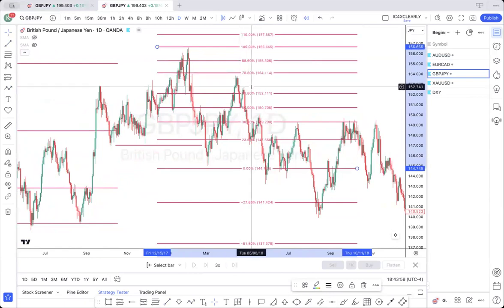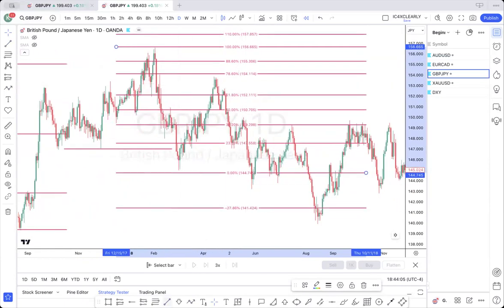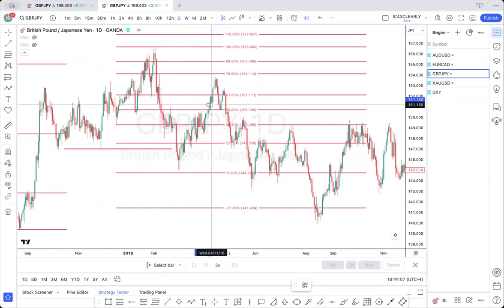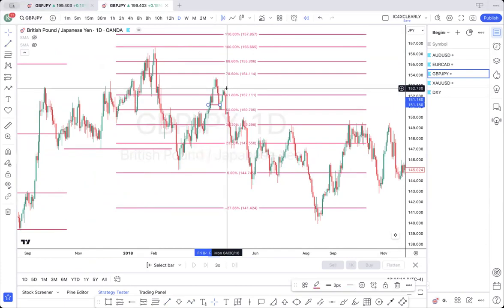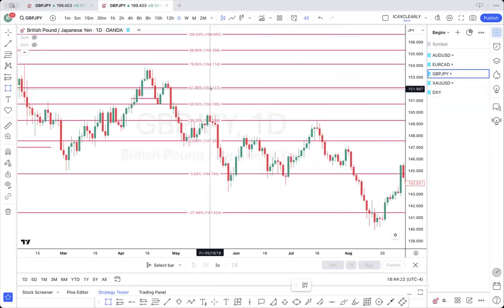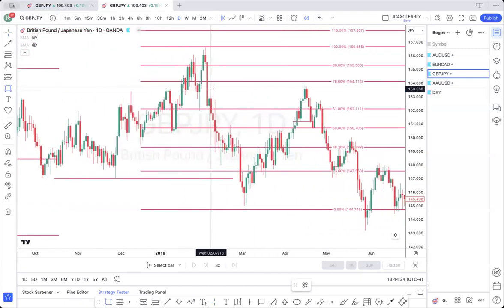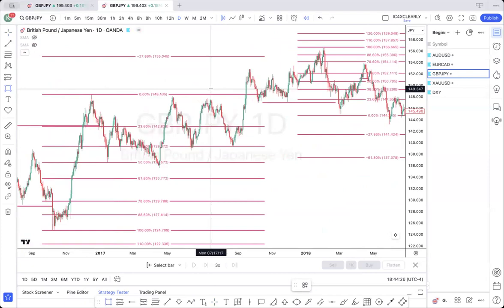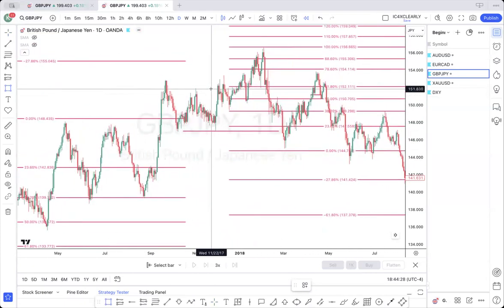If you did not get in at this point here, you could have waited for this break of structure and the pullback to that structure. And I personally like to look for the institutional candle, which is the last down candle before the up move.